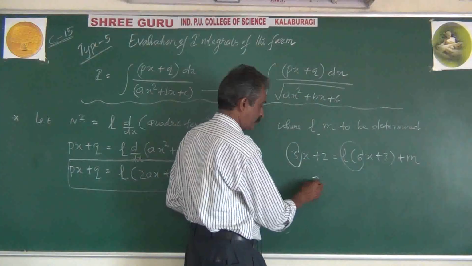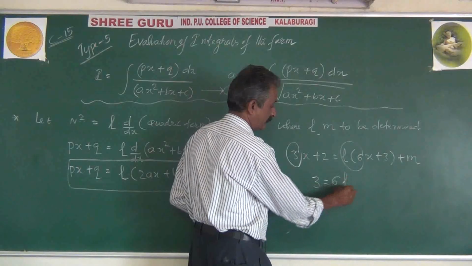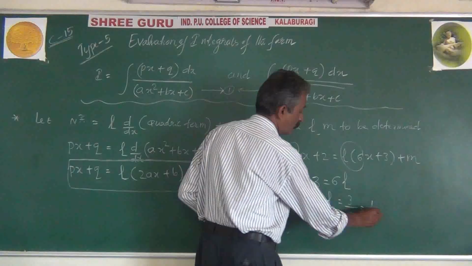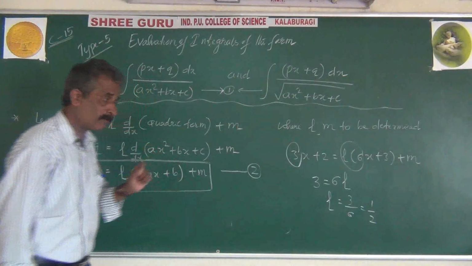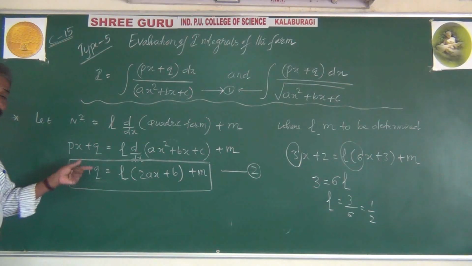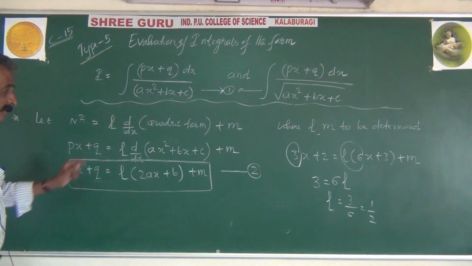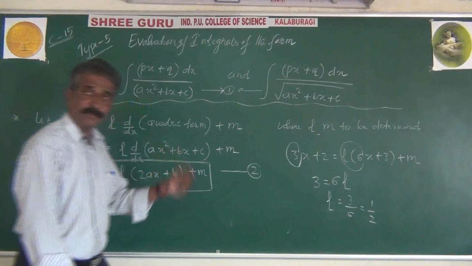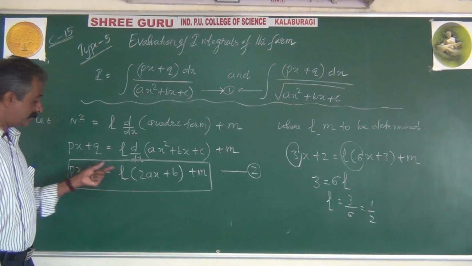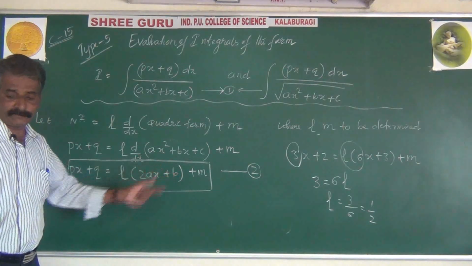Here 6L. 3 equals 6L, or L equals 3 divided by 6, or L equals 1 by 2. Here, children, actually what we get is L equal to p divided by 2a. So in equation 2, we compare the coefficient of x to get L, and constant terms to get M.